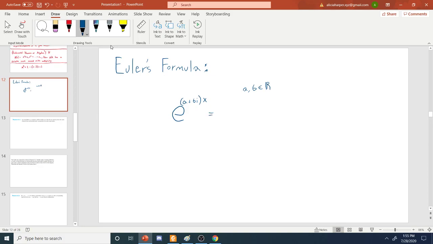Then you can show, basically by analyzing power series, that this right here is actually equal to e to the a times x, times cosine of bx plus i times sine of bx.